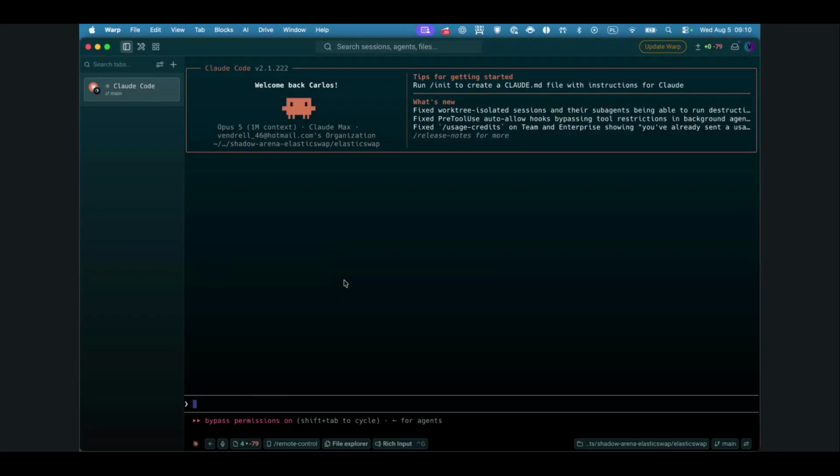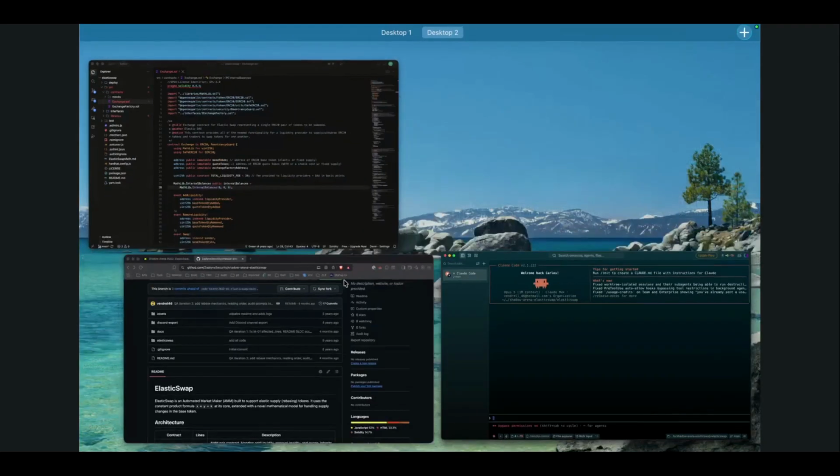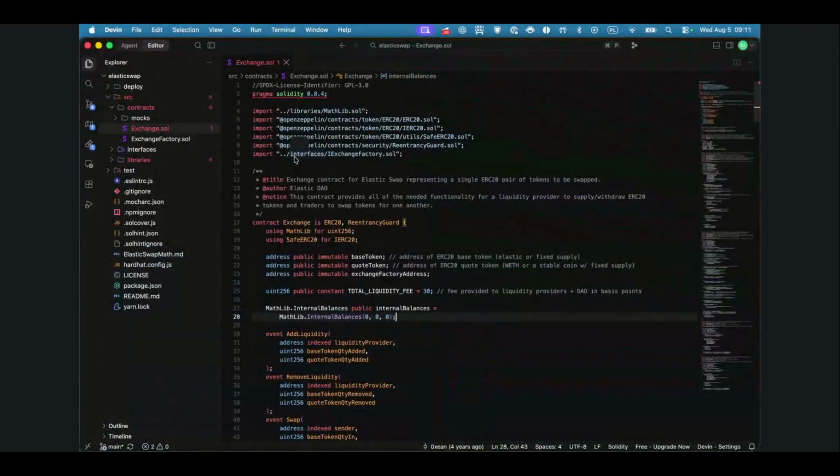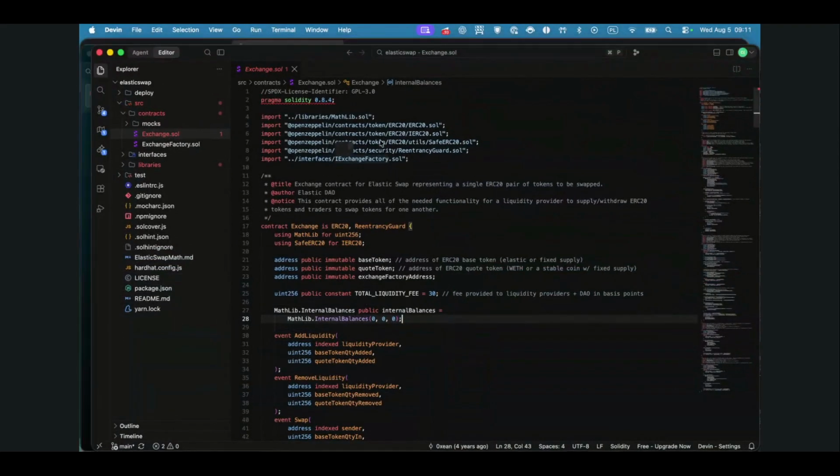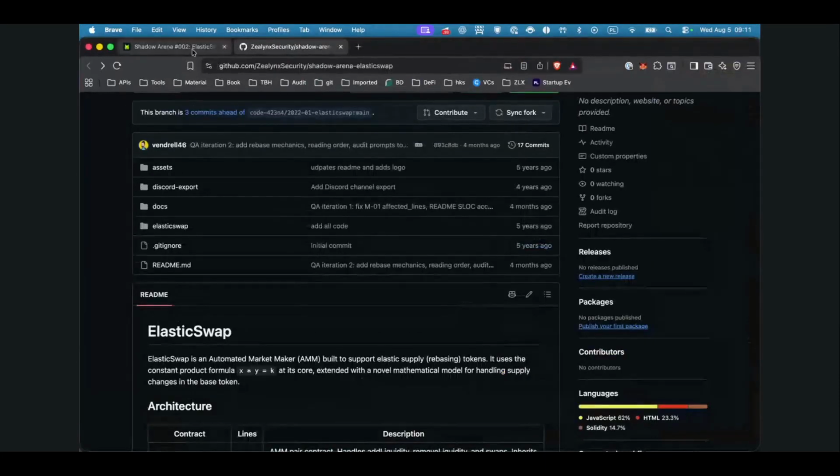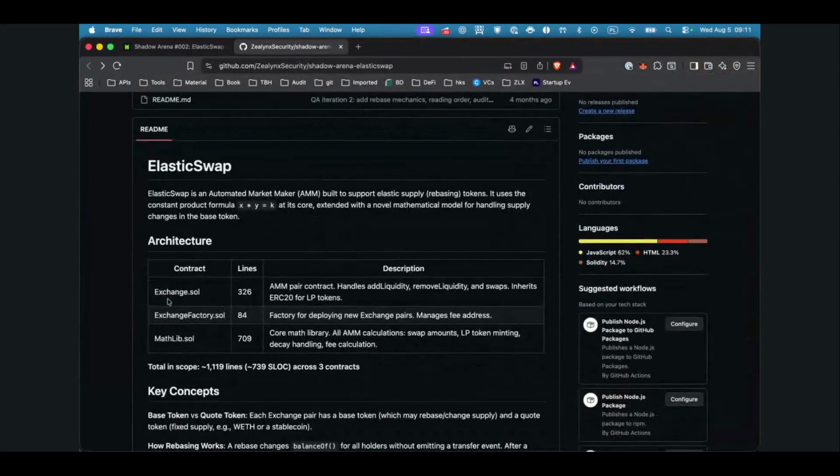So let's see, because first of all, I'm really curious how similar this is to Uniswap V2, and the scope here is exchange, factory and math. So from this I can see that it has a factory. So that's probably very similar to what the Uniswap factory contract is doing.